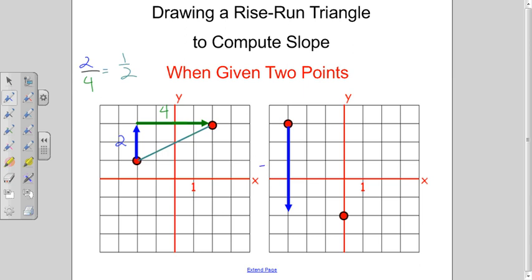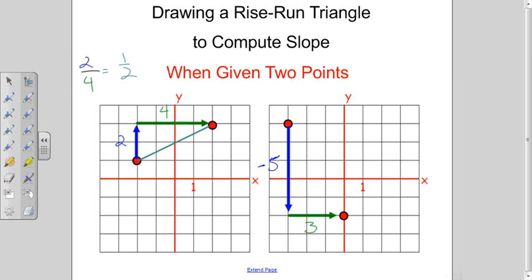Very important to get our signs right. It makes sense that down is negative, up is positive, left is negative, right is positive. Then I'm going to draw the run component of this triangle, which you'll see is 3 grids in the positive direction, and I'll label that with a 3.